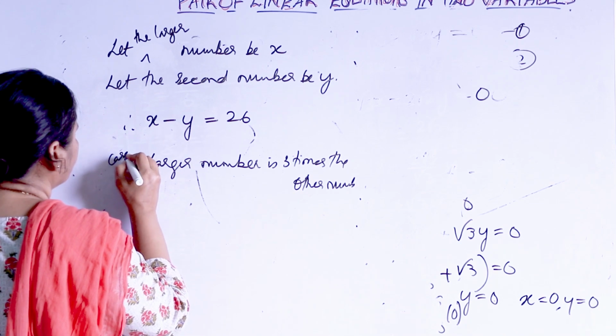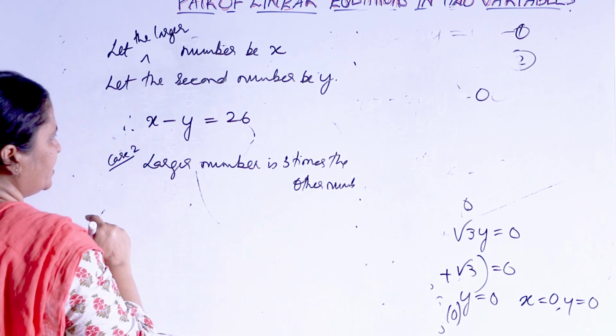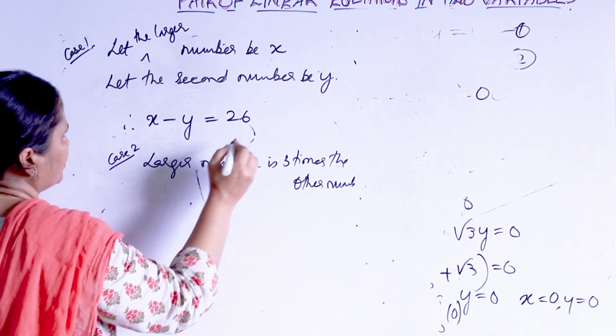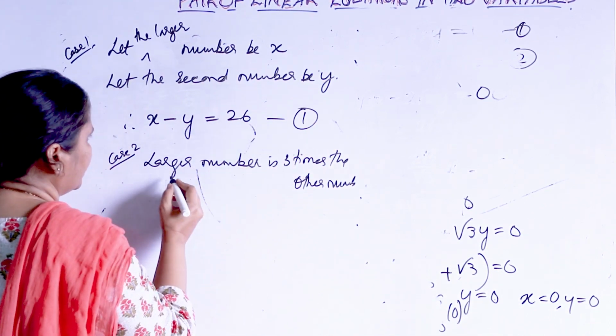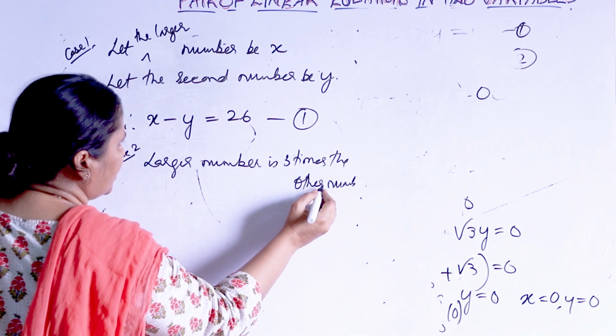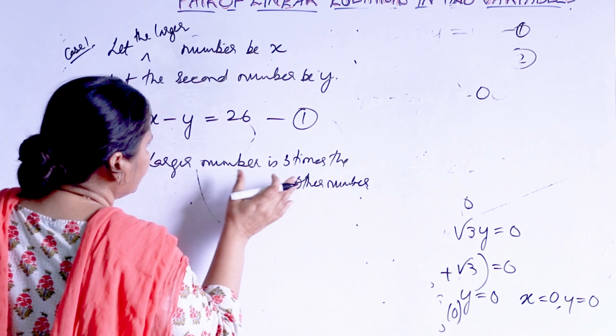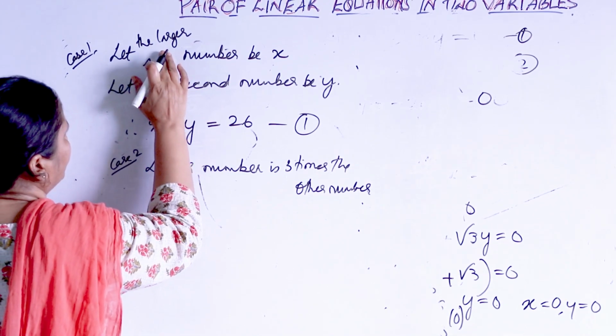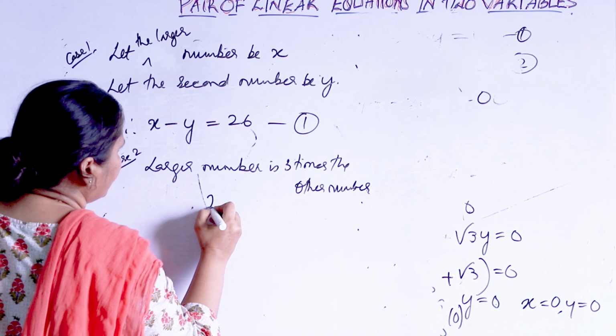This is case 2. That means for our second equation. Right? This is our case 1. We get the first equation. This is equation 1. The larger number is 3 times the other number. That's the given information. Larger number, which is our larger number? Larger number is x.